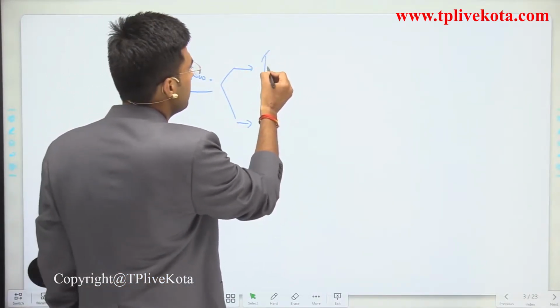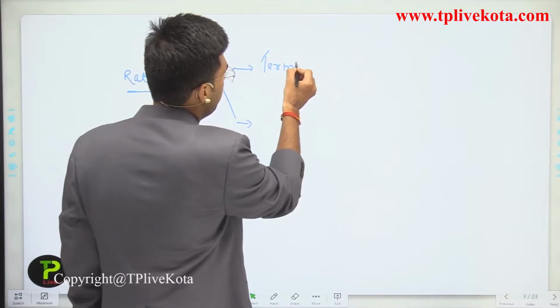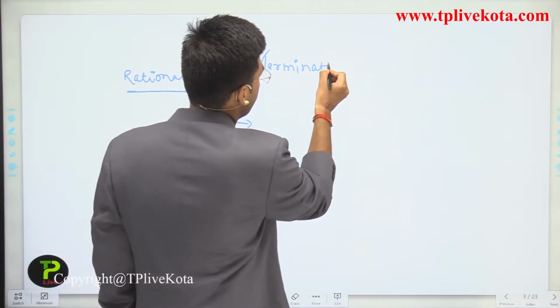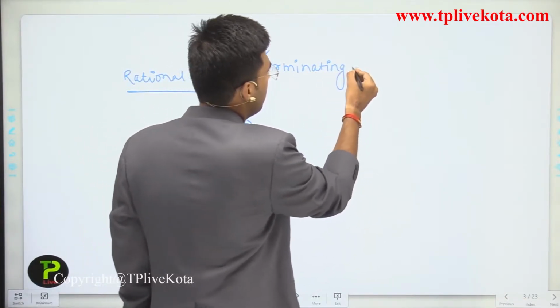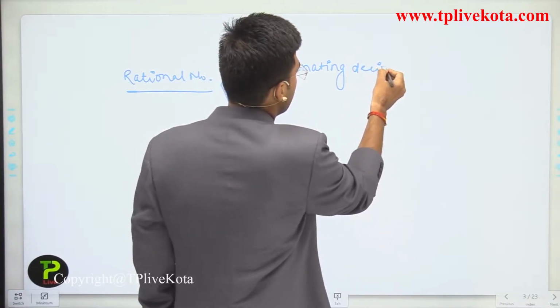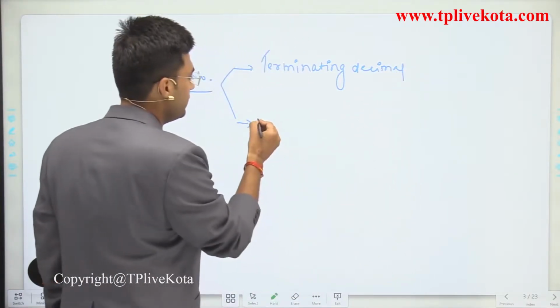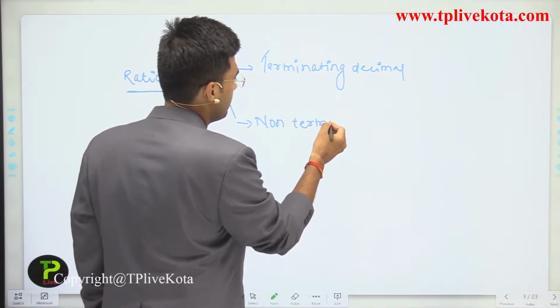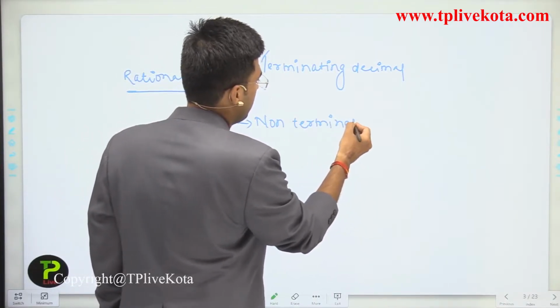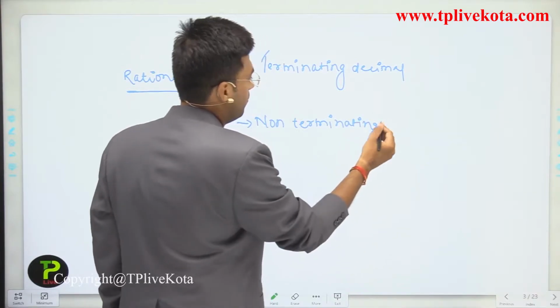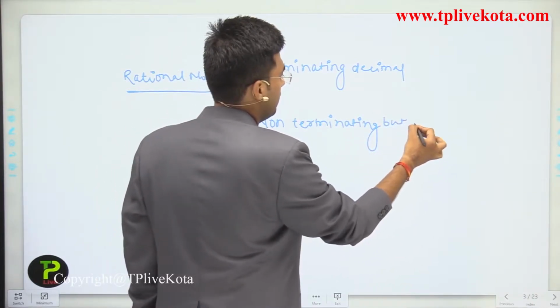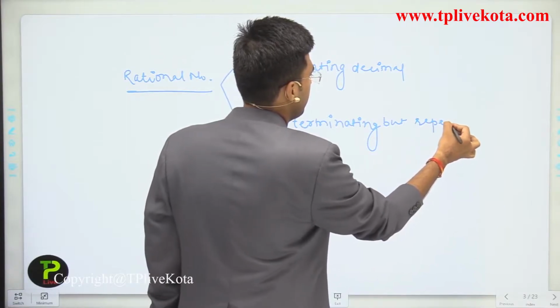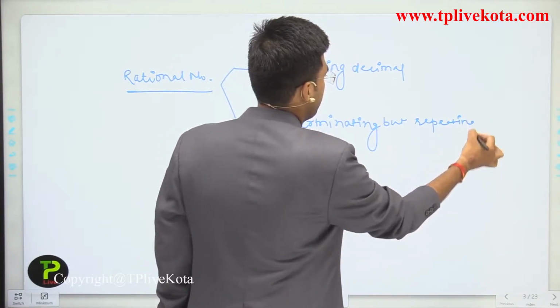First is terminating decimals, and the second is non-terminating but repeating decimals.